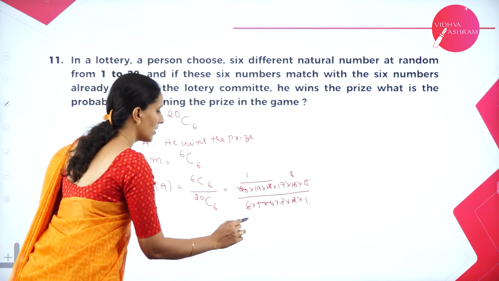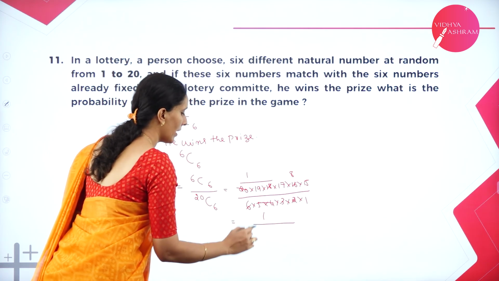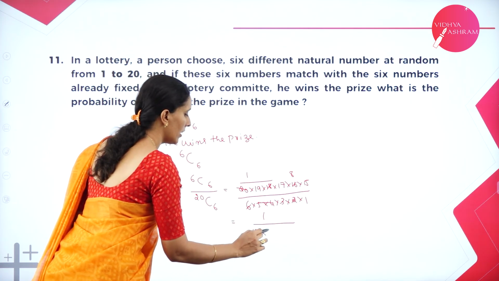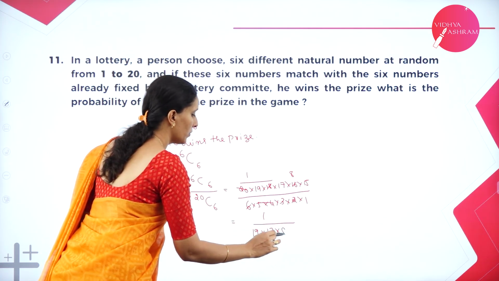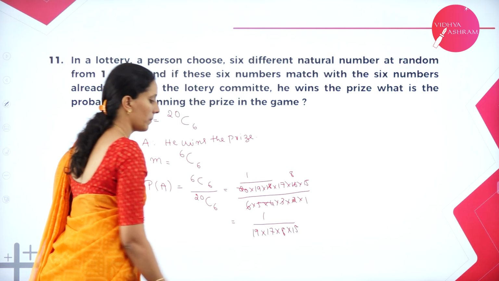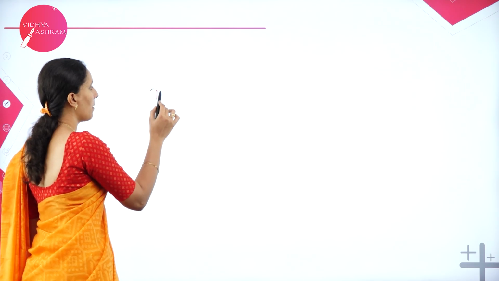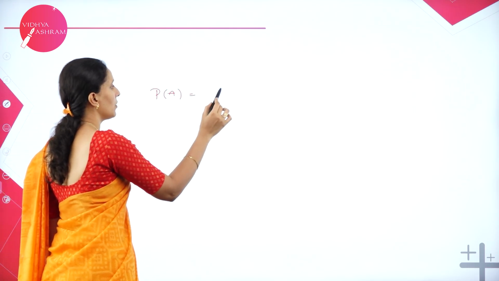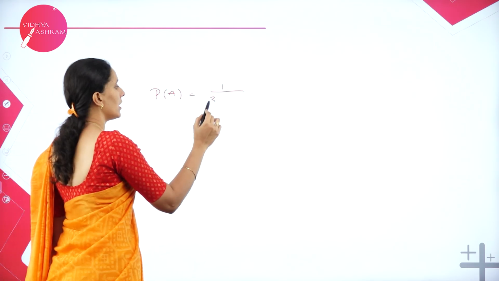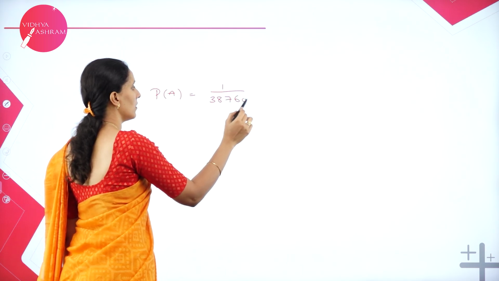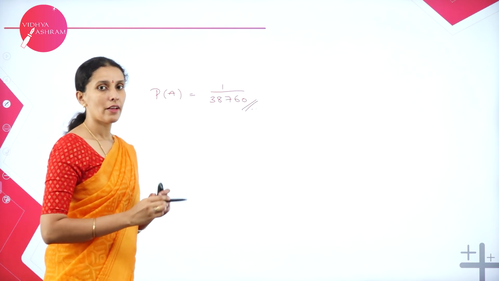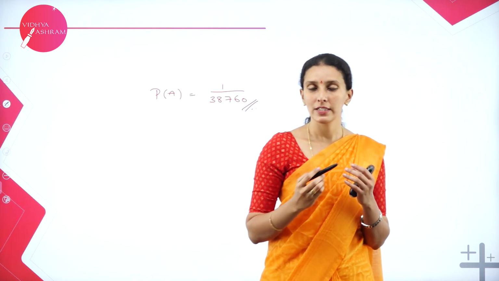So we have the value of 1 divided by 19 into 17 into 8 into 15. So the probability of the event is 1 divided by 38760. This is the probability that he will win the prize.